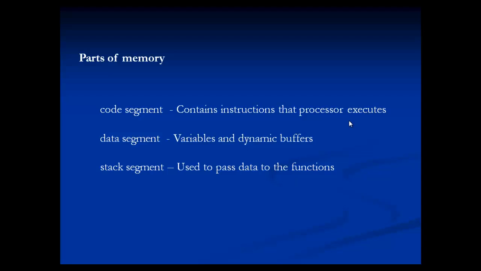And the data segment consists of variables and dynamic buffers. And finally, the stack segment is actually used for passing data to functions. It is very useful when functions are getting called.